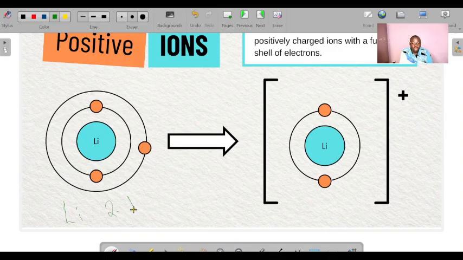So it must lose its outermost electron to become a lithium ion, which is now positively charged with 2 electrons in its outermost energy level. So what we have here is a lithium ion, which is our cation.